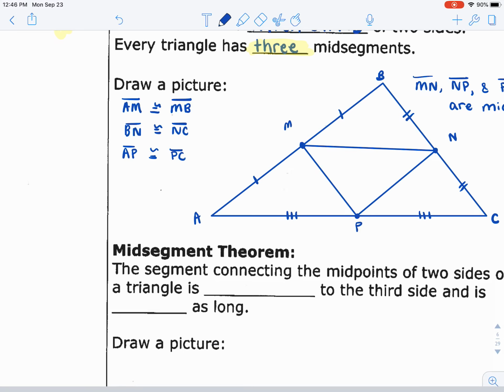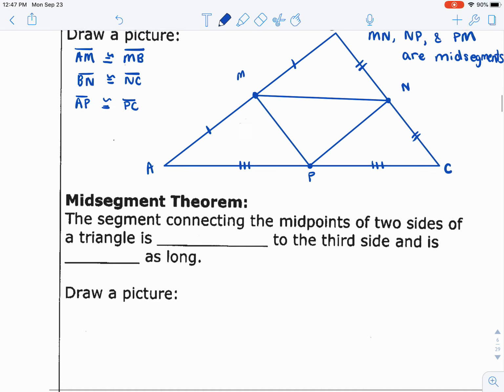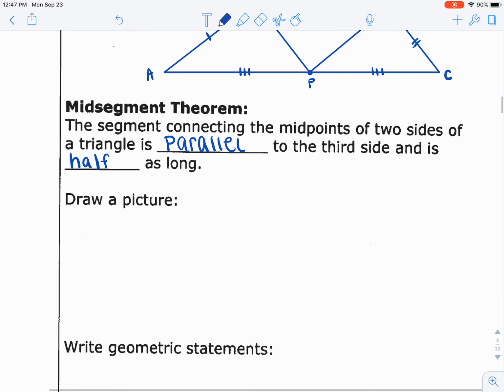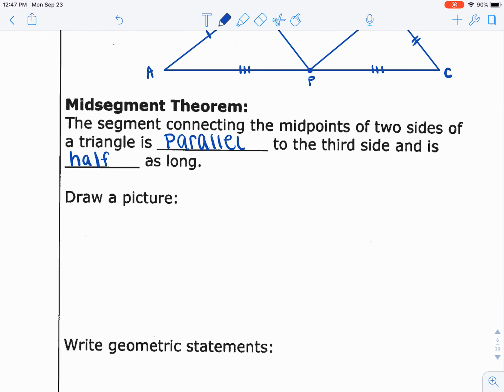So, our theorem says the segment connecting the midpoints of 2 sides of a triangle is parallel to the third side and is half as long. So what that means is if we draw a triangle, we're going to draw another triangle.